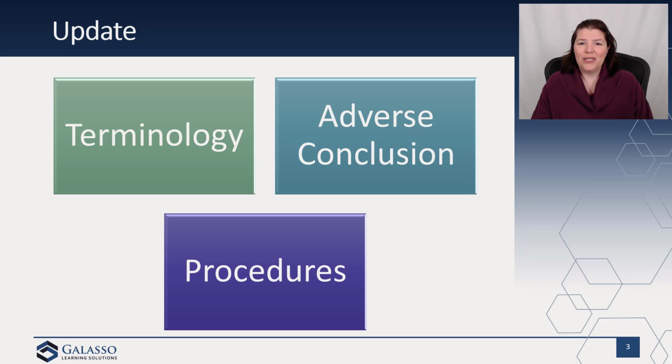So the first thing you're going to notice is consistent with SSARS 25. When we think about this, we have the attest standards, but we also have SSARS, which are our reviews and our compilations. When we're dealing with financial statements, when they issued SSARS 25, they permitted an adverse conclusion. And that was really at the time kind of revolutionary. Prior to SSARS 25, you were not allowed to indicate that there was a material misstatement in the financial statements.